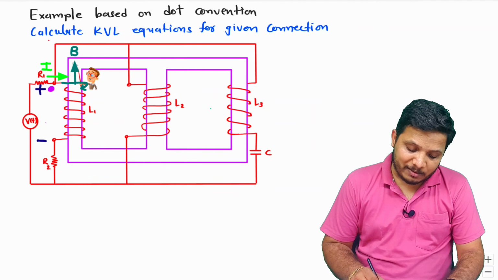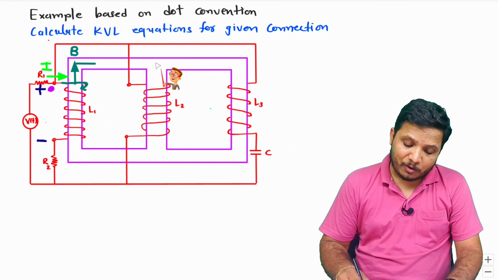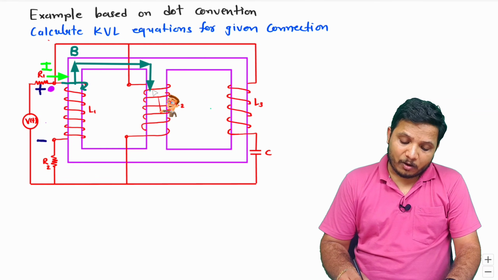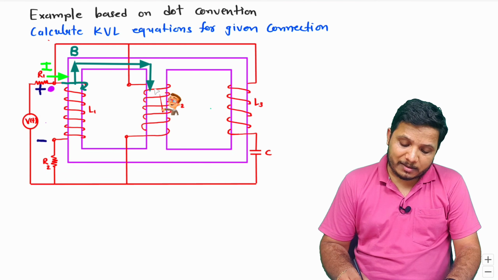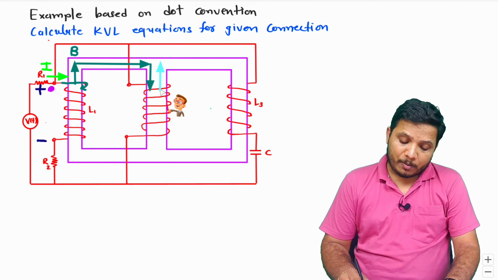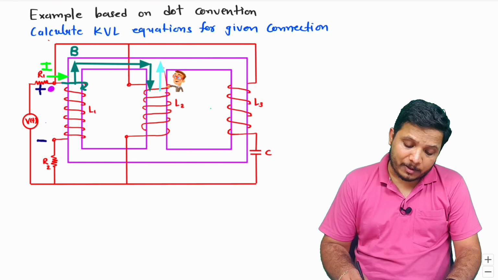So the thumb direction will be in the magnetic field direction, and that magnetic field will go inside the second coil like this. Now this second coil will oppose this magnetic field and it will generate an opposing magnetic field in this direction, which is in the direction of the thumb.